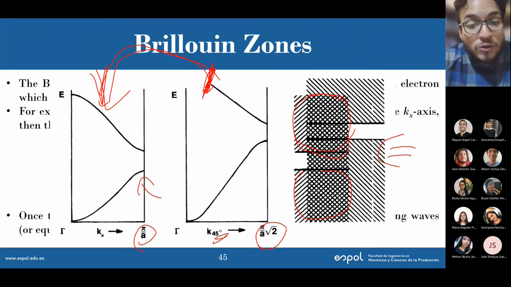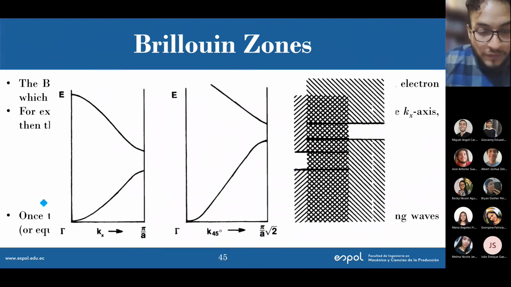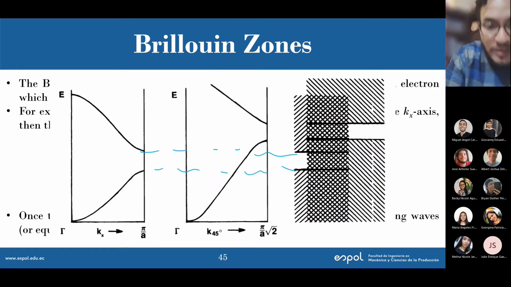Because, yes, it looks like you have energy gaps. There are energy gaps. I'm not sure if you guys can see this picture, but I'm just going to extend this so you can appreciate that, right?